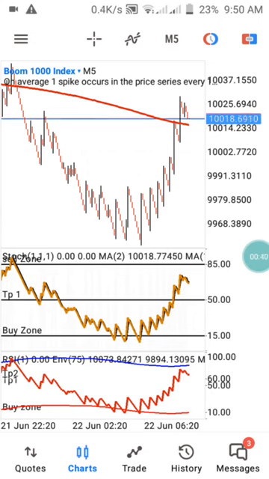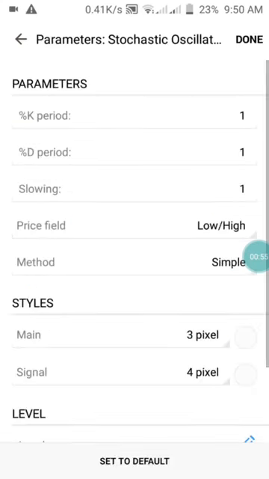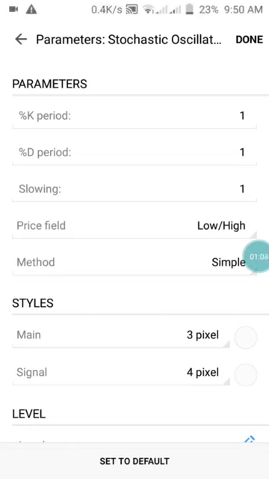So guys, I will show you the settings of this strategy so that you can also have it on your phone. So let me show you the settings of this strategy. We are going to start from the indicator window 1, where we have our stochastic oscillator. We have our K period to be 1, our D period to be 1, our slowing to be 1, our price field to be low/high.